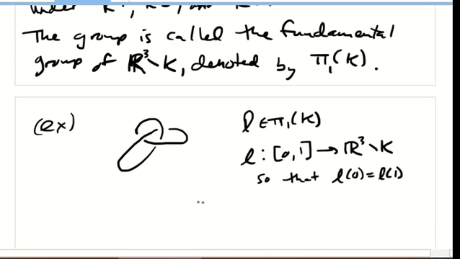So it starts and stops in the same place. And I'm going to call that place x0.